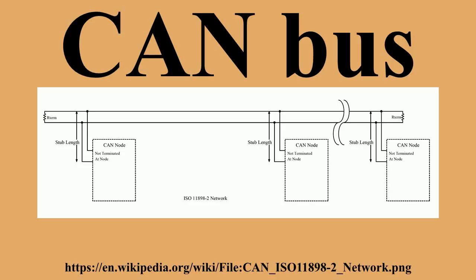A CAN network can be configured to work with 2 different message formats: the standard or base frame format and the extended frame format. The only difference between the 2 formats is that the CAN base frame supports a length of 11 bits for the identifier, and the CAN extended frame supports a length of 29 bits for the identifier, made up of the 11-bit identifier and an 18-bit extension.